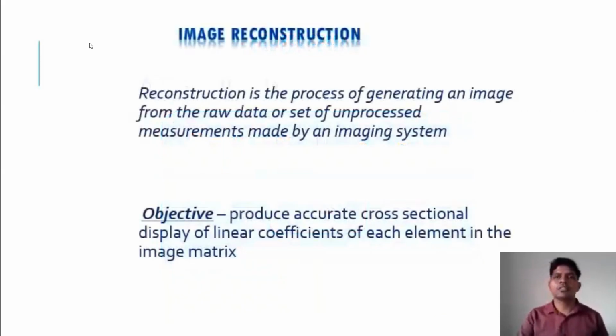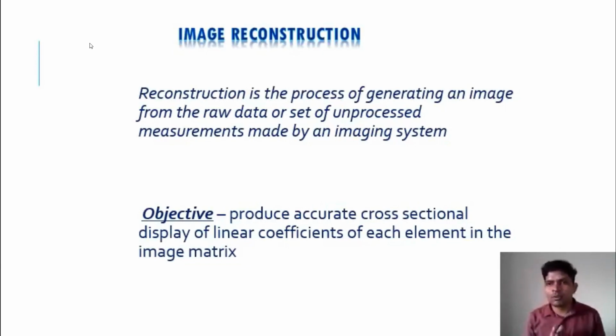So next, what is image reconstruction? Image reconstruction is the process of generating an image from raw data, or a set of unprocessed measurements made by an imaging system. So what is the objective of image reconstruction? To produce an accurate cross-sectional display of the linear attenuation coefficient of each element in the image matrix.